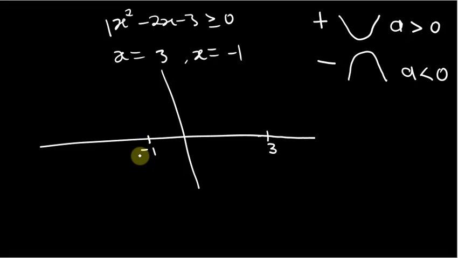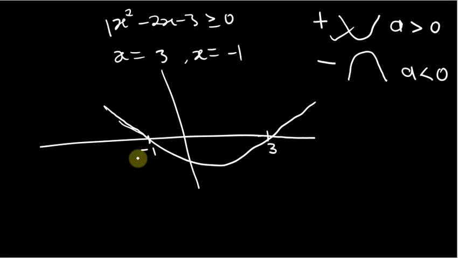And since we know that when we graph this quadratic expression it's going to be U shape, let's assume that when we graph it, it's going to be like this, something like that. So our curve is going to be like this.